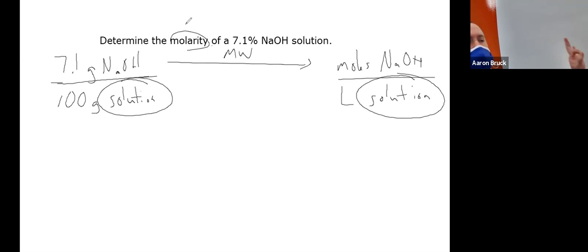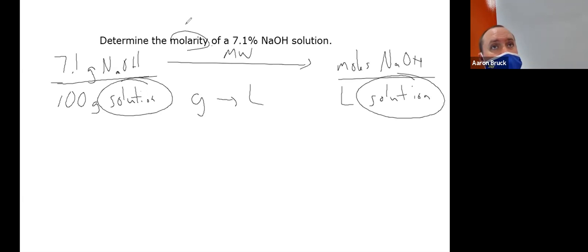I don't have the same unit, but I have the same substance in the denominator. Solution is in the denominator of my first fraction. Solution is in the denominator of the second fraction. So I don't need to change my material. I just need to change my unit. I need to go from grams to liters somehow.